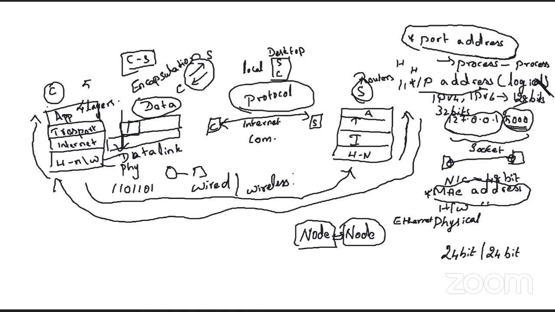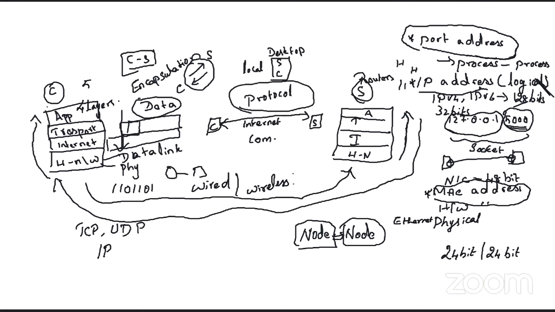Okay, so that's all about addressing schemes. Now we will see the protocols that are used. In the internet layer, we use the IP protocol, as we have already said, which is IPv4 and IPv6. In the transport layer, either TCP or UDP.